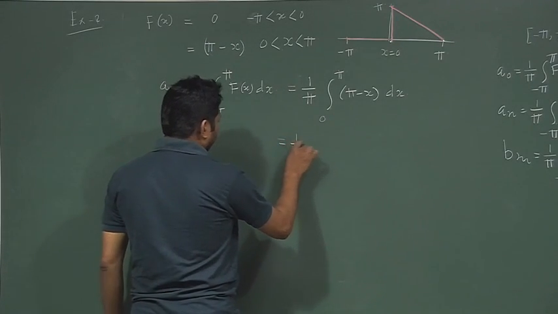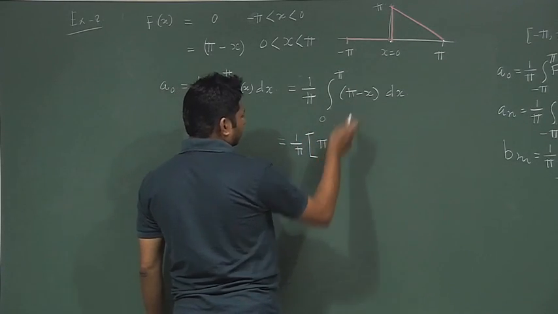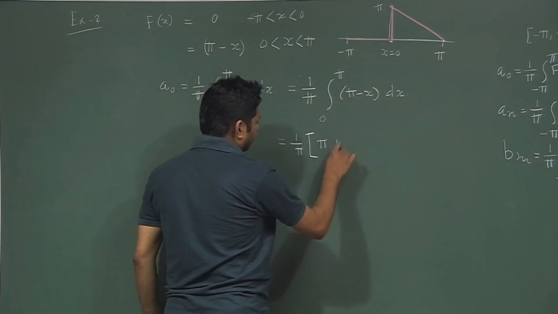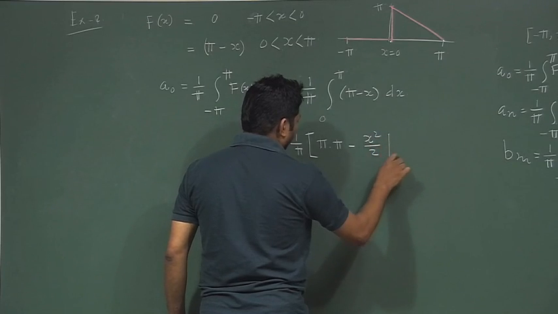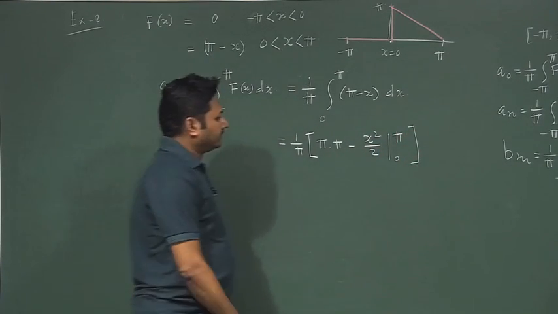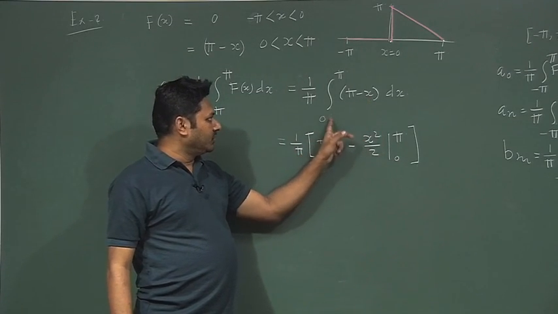So, 1 by pi into the integral of pi minus x, which gives pi x minus x square by 2, with limit 0 to pi.